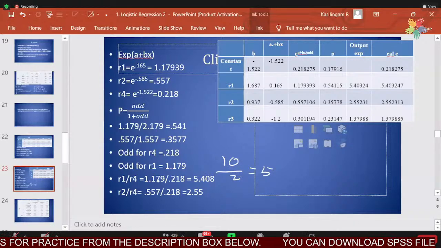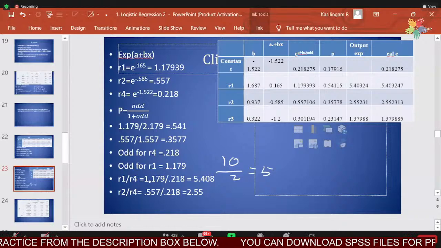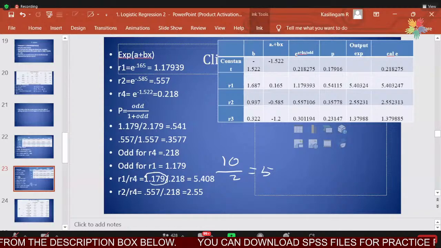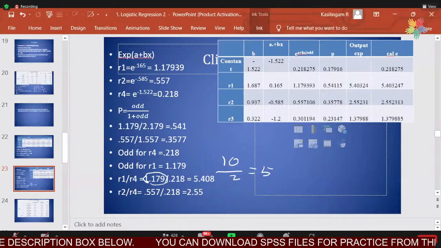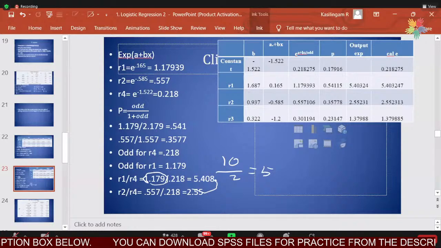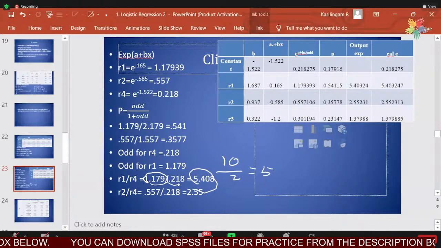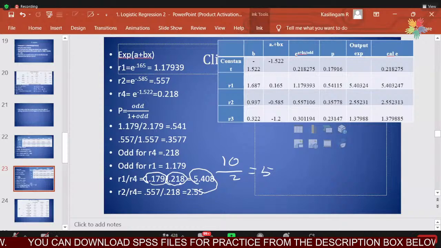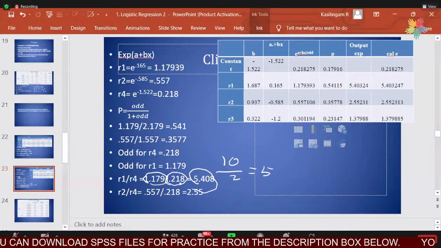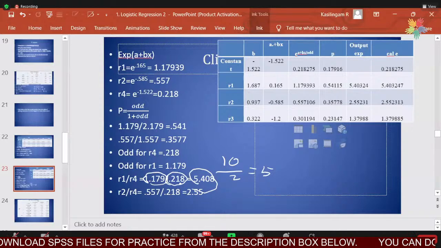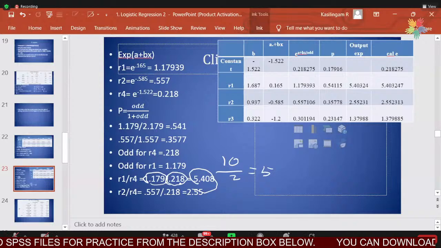So now the odds of rank 1 institution is 5.4 times more than the odds of rank 4 institution. So rank 1 divided by rank 4 is equal to 5.4.